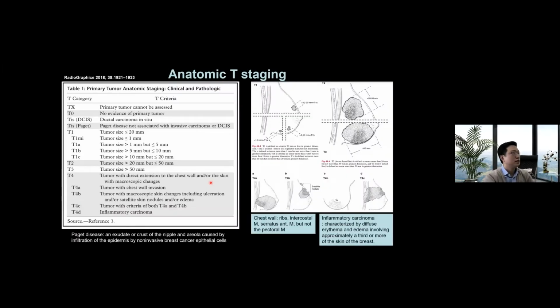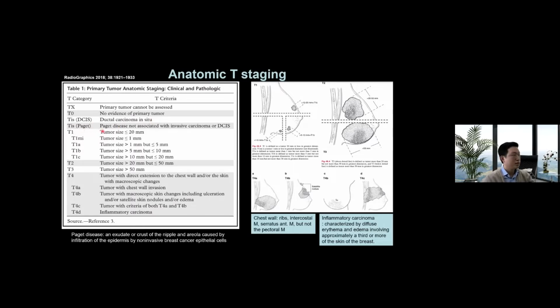So this is anatomic T staging for breast cancer. And you can see the T0 means no evidence of primary tumor, and Tis divided into DCIS and Paget disease. And DCIS is ductal carcinoma in situ.